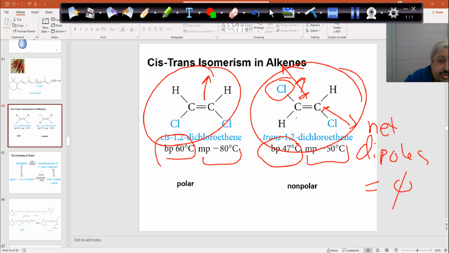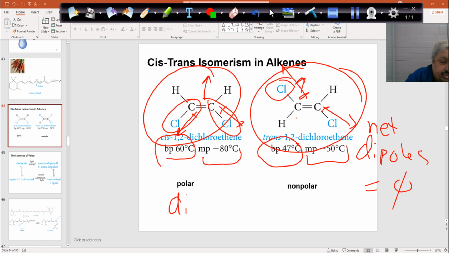Why? Because they have the same strength but opposite direction. Here, carbon is always the less electronegative, so they will add up. You look at the electronegativity difference between this and this, then you add them up. That will be your dipole here.